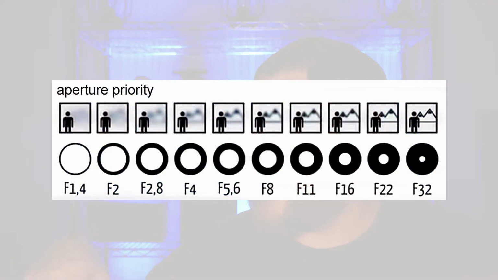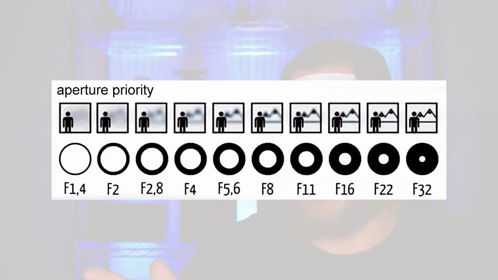Down here, you're going to see a chart of f-stops from f1.4 all the way to f32. So the lower the number, the more out of focus your background is going to be. So in the case of f1.4 or f2.8, your background is going to be blurry as hell.